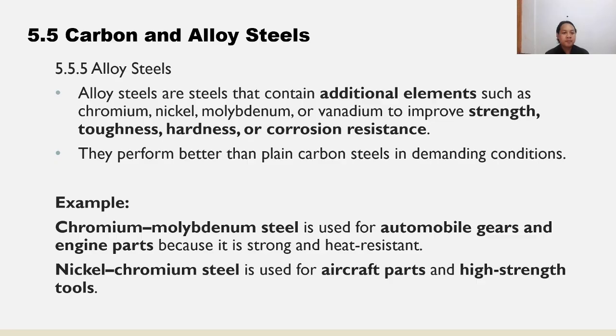They perform better than plain carbon steels in demanding conditions. An example is chromium molybdenum steel, used for automobile gears and engine parts because it is strong and heat resistant. Nickel chromium steel is used for aircraft parts and high strength tools.